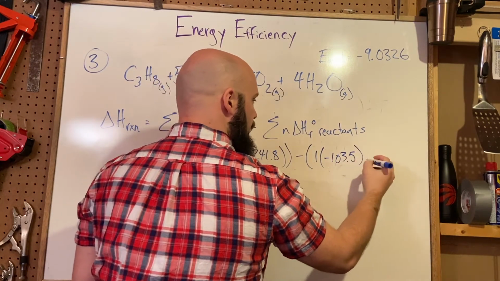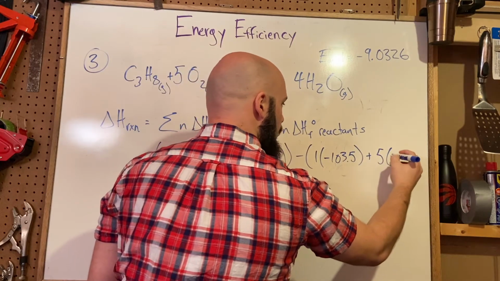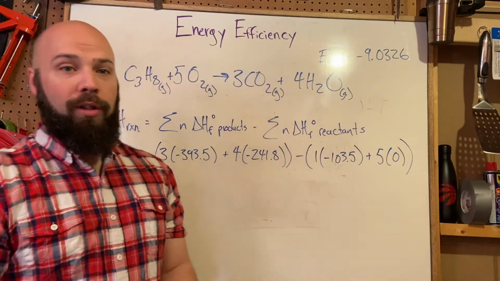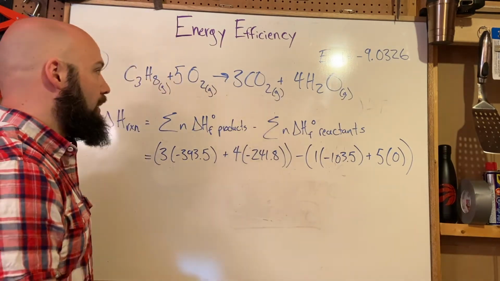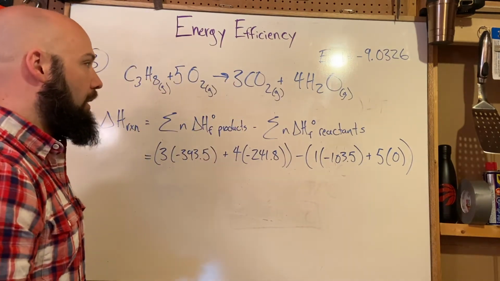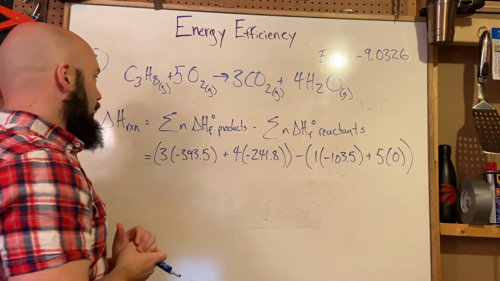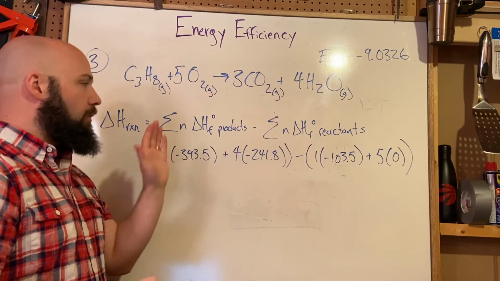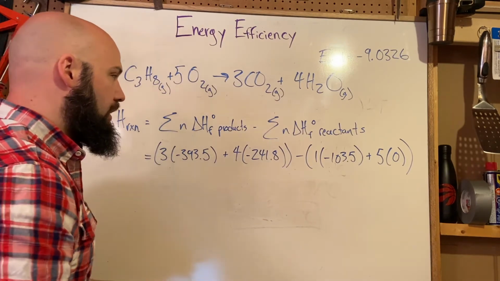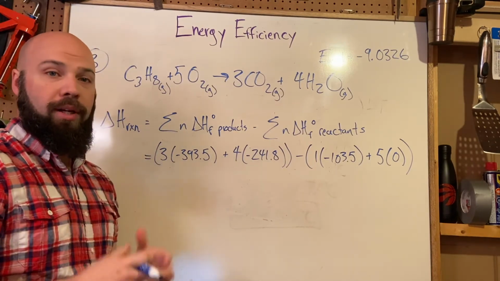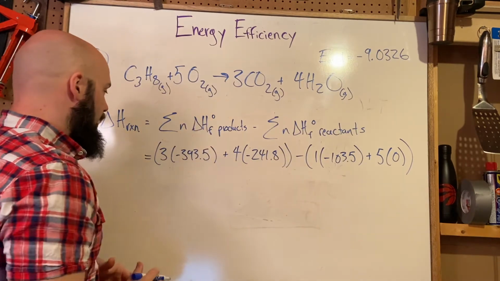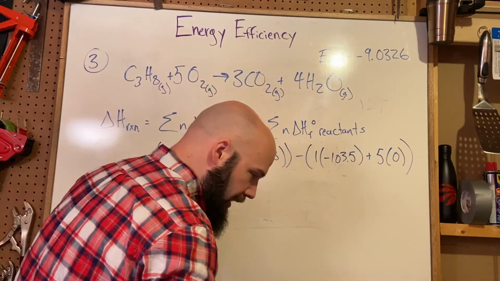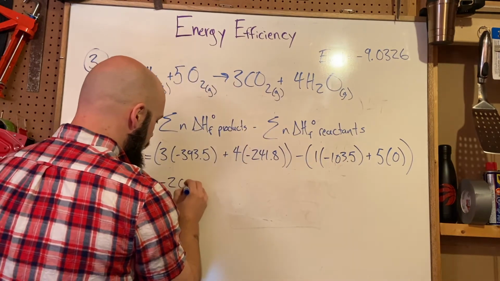All these values can be found on your table of standard molar enthalpies of formation, or you can Google it to find the standard molar enthalpy of formation of any of these compounds at the state that they're in. Note, oxygen is in its natural elemental form, gaseous oxygen, so the standard molar enthalpy of formation of oxygen is just 0.